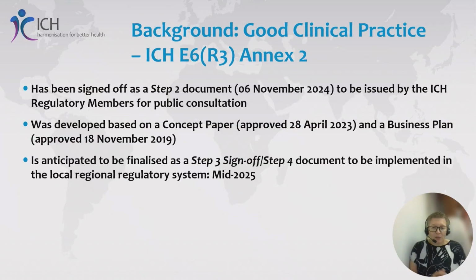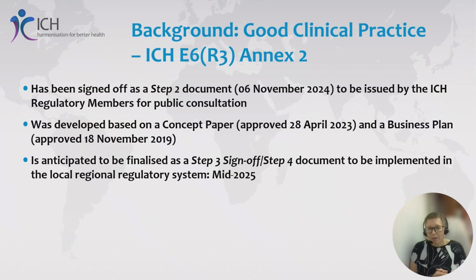And yes, as you can see from this deck, we are a little bit delayed. But there is a reason for that, in that you'll remember that we received 7,000 comments for the principles in Annex 1. Well, I wonder if you could guess how many we received for Annex 2 alone. Bear in mind, the principles in Annex 1 is an 80-page document.